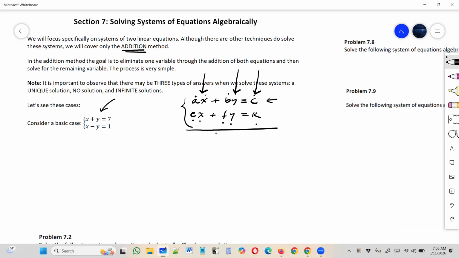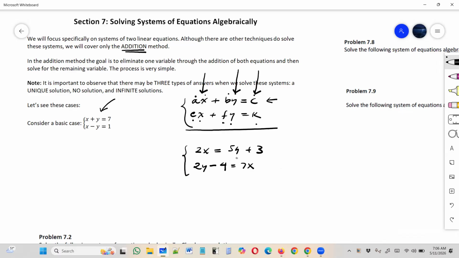Now, the system may not be given to us this way. Right? We may have something that looks like this, for example, or this. Maybe this is the system that we're given.